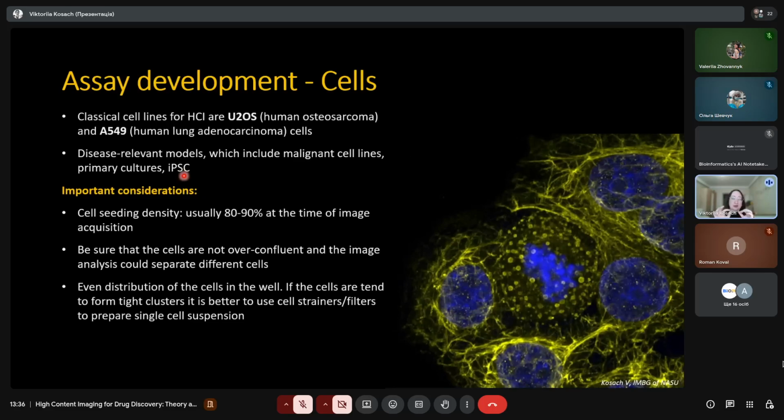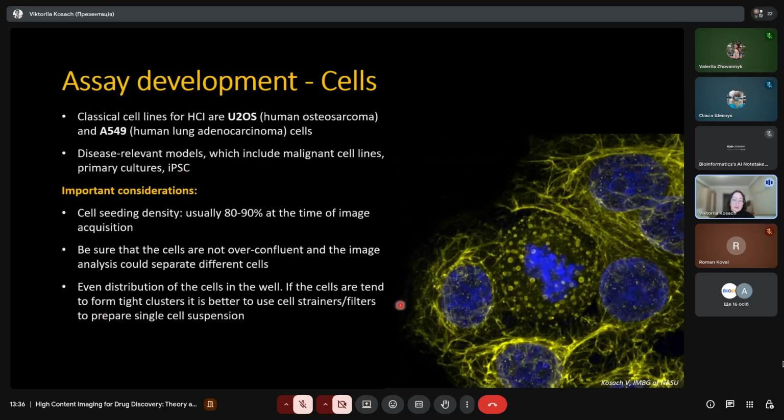So it's better to look to other cells, or maybe try to use coatings like collagen, then these cells could spread their cytoplasm a bit, so you will be able to detect your features.